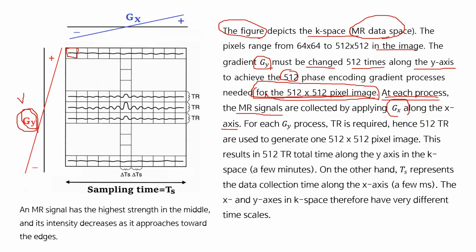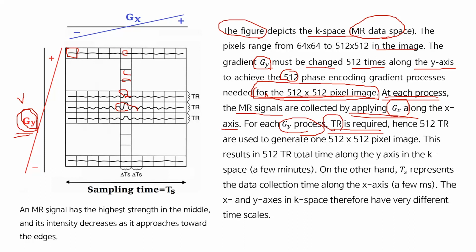So we can get the MR signal in each phase encoding process by applying the Fourier encoding gradient Gx along the x-axis. For each Gy process, TR is required. Time of repetition is required.